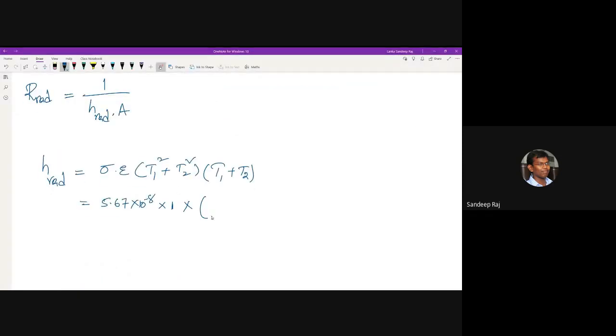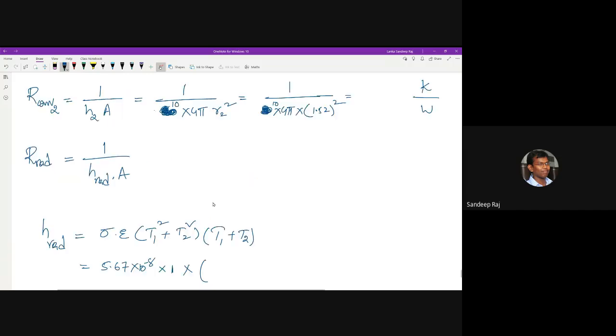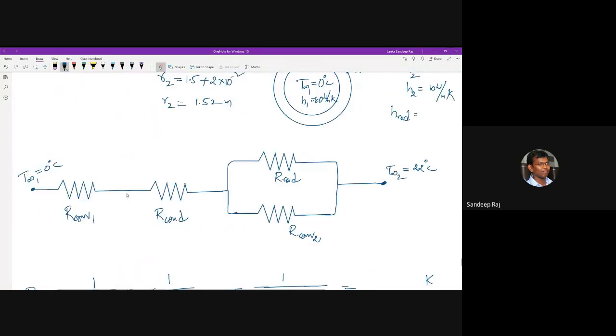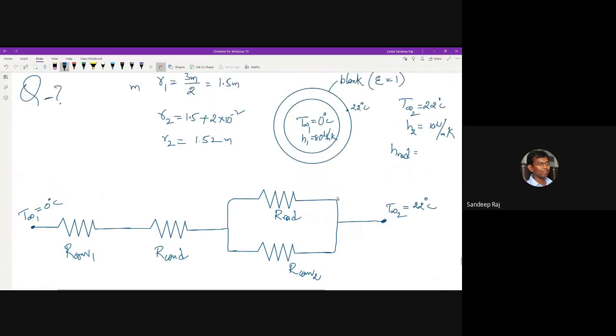What is the T1 value? Do you know what is the T1 value? It is not given in the question. See, this is T2, this is T1, and this is the other one.